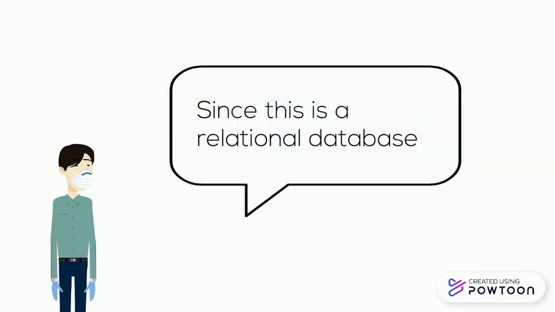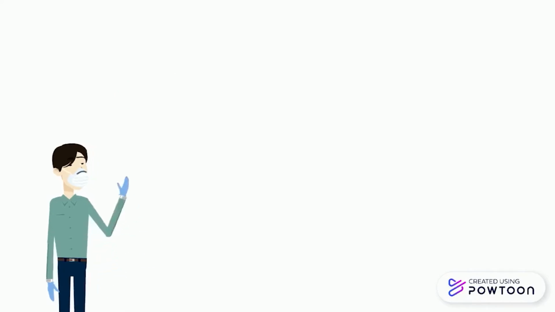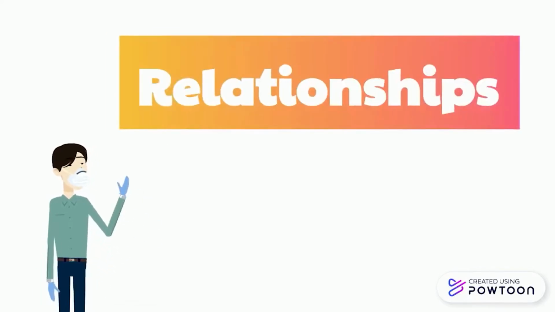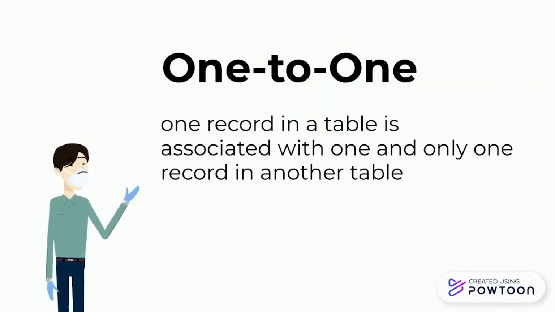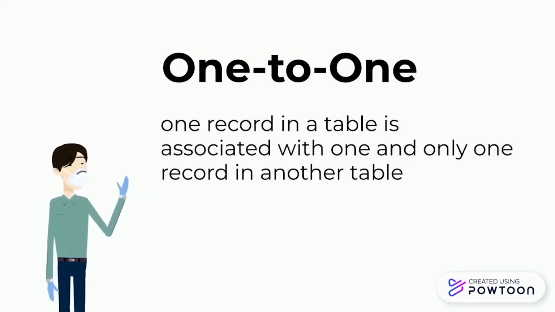Since this is a relational database, we need to determine the relationship between the tables. Relationships. One-to-one. One record in a table is associated with one and only one record in another table.